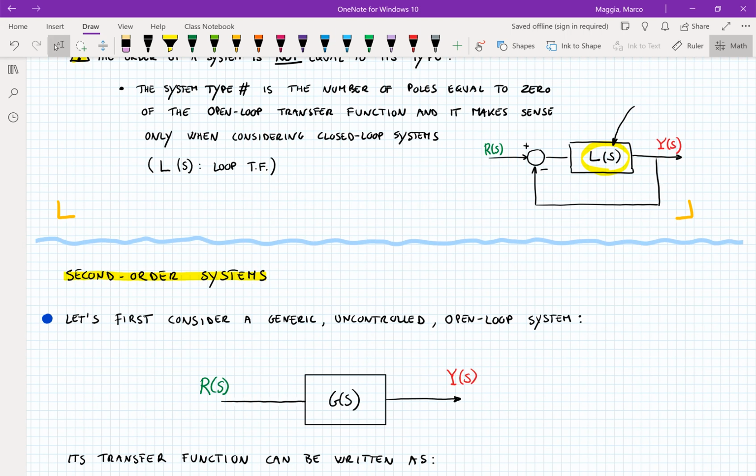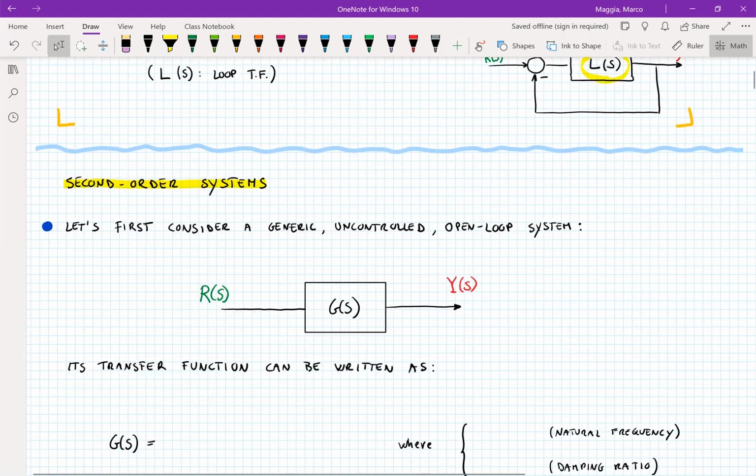All right, so we're going to focus our attention today on second order systems. So in other words, we are considering systems whose transfer function's denominator is a polynomial of order 2 or degree 2. So in this case, as usual, we have our input, our system described by the transfer function G of s, and then we're going to have our output modified by the system.